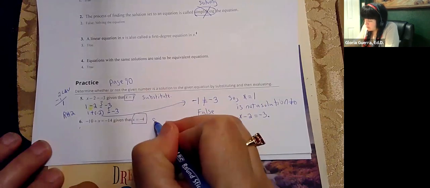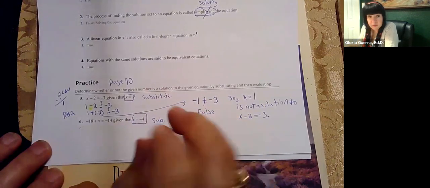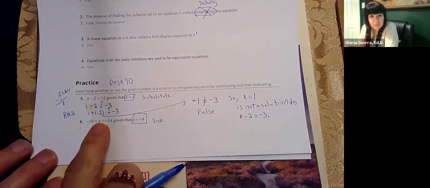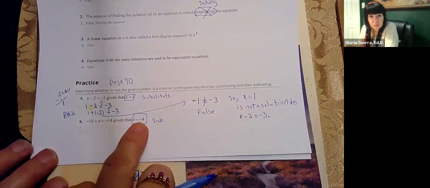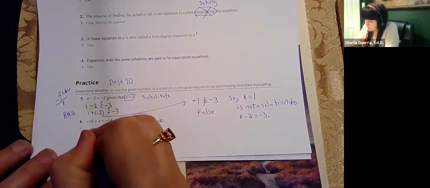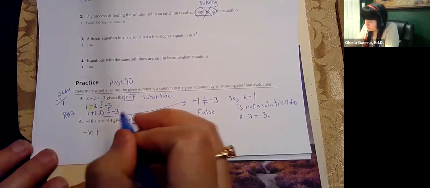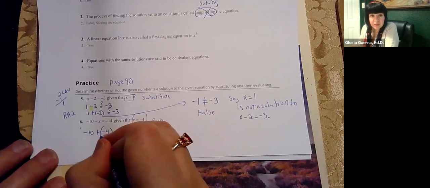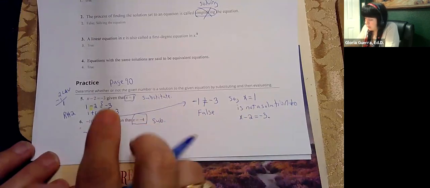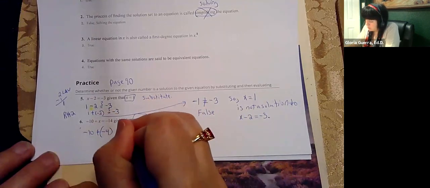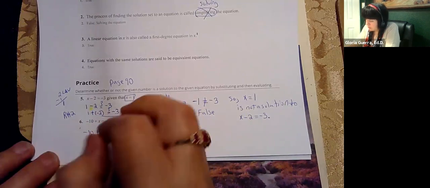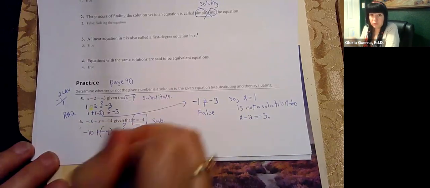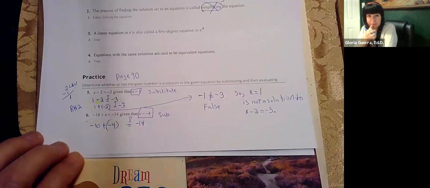Okay, so you want to substitute everywhere you have an x. You want to put in -4. So you have -10 plus a -4. And the question is, will this result equal -14?